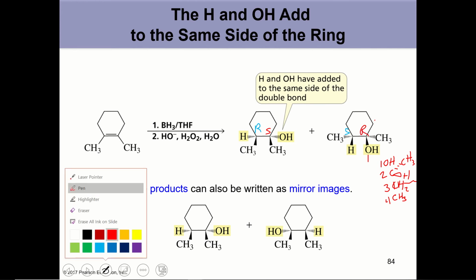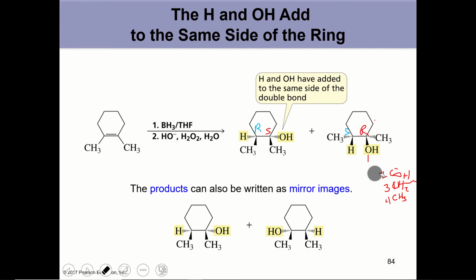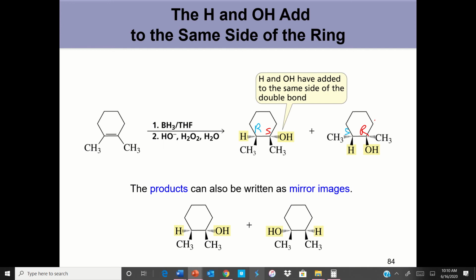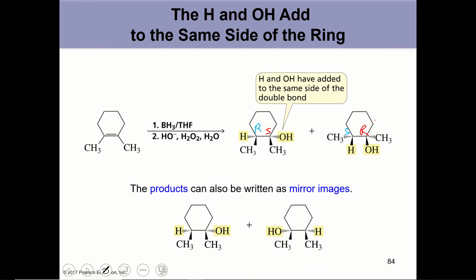So in this case, the two configurations of the product that we get are RS and SR, and these are enantiomers, and we can also write the products as mirror images. So then what would be the name of the molecule if I wrote it out, the complete and full name?